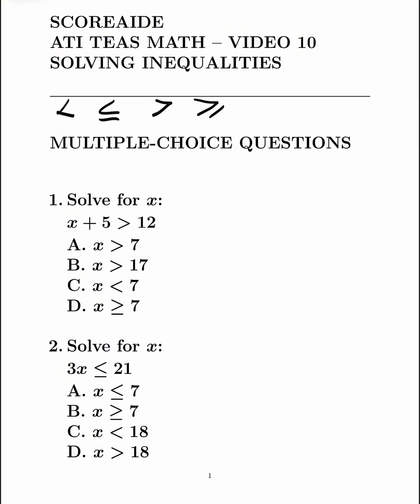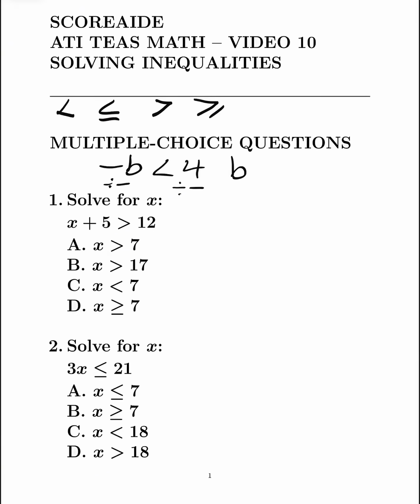Even though we solve inequalities just the same as we solve linear equations, you need to know that when dividing or multiplying an inequality by a negative number, you have to invert the inequality sign. Let me show you an example. If we have negative b is less than 4, to isolate b we divide both sides by a negative sign, and the inequality sign will change.